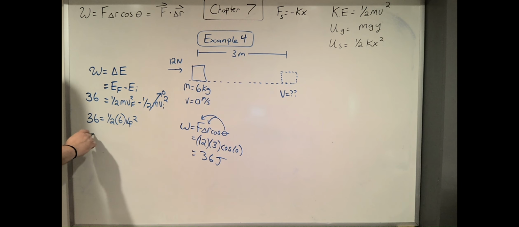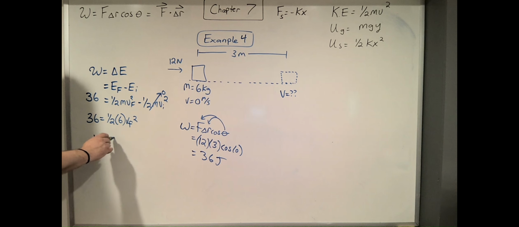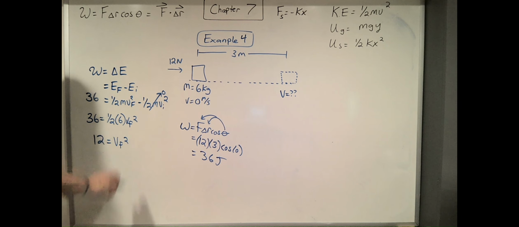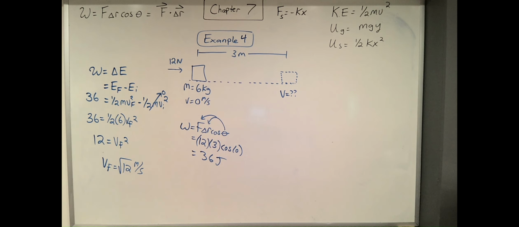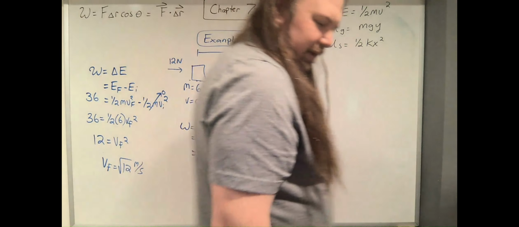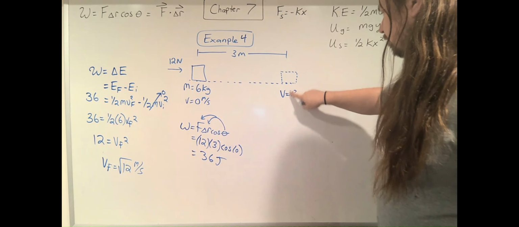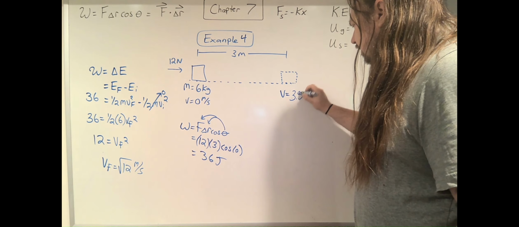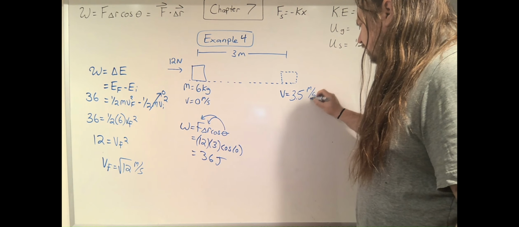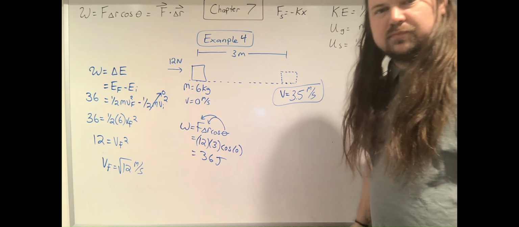If I divide 36 by 3, I'll get 12. And that's v final squared, which means v final is equal to the square root of 12. What's the square root of 12? I believe it's around 3.5. So what's the velocity here? It's about 3.5 meters per second.